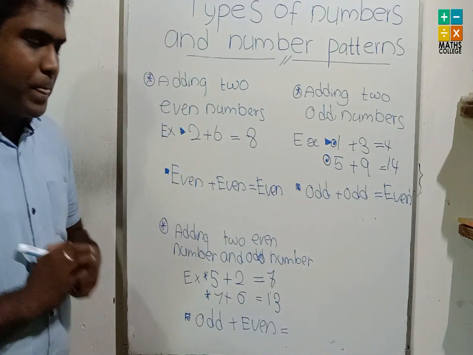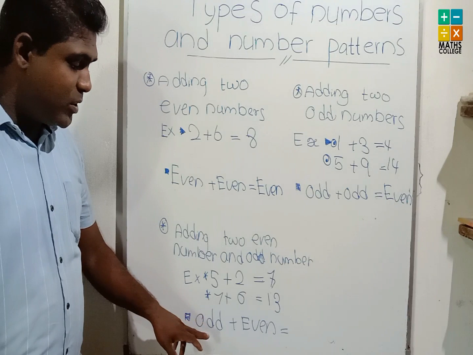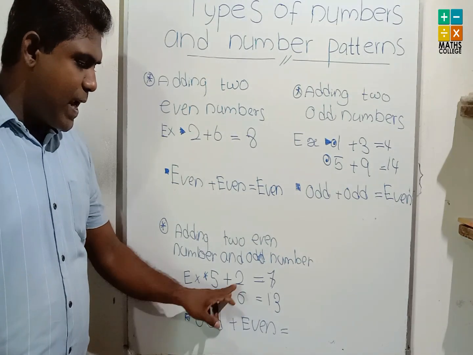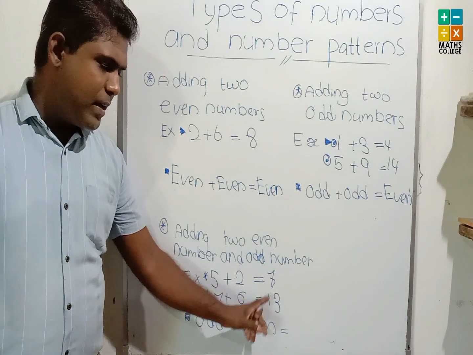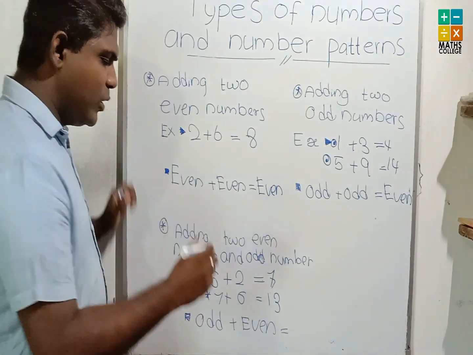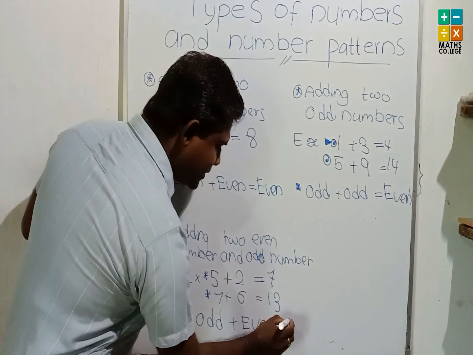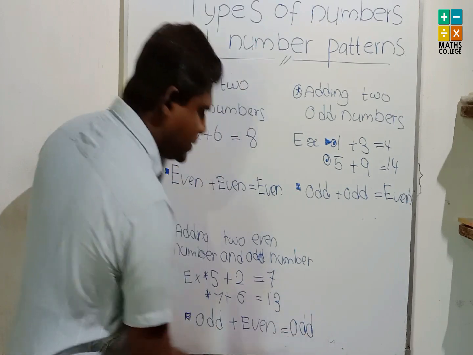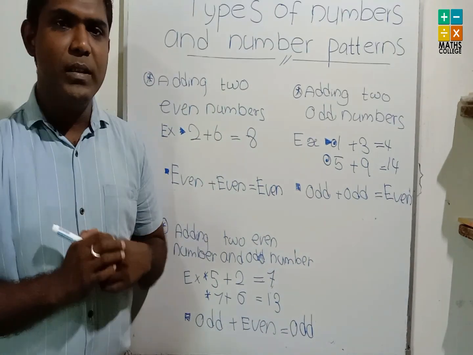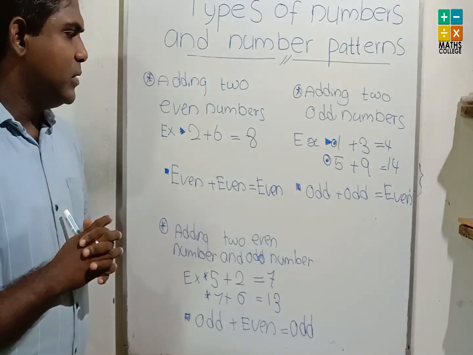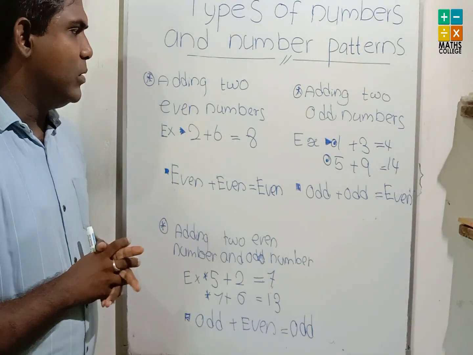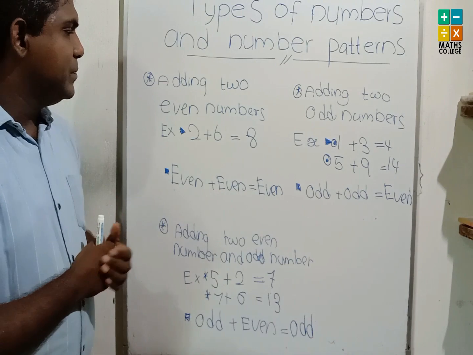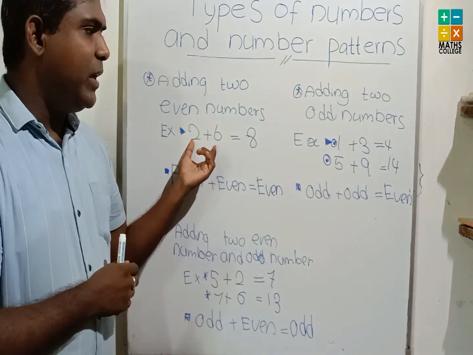What happened? When adding an odd number and an even number, the answer is an odd number.